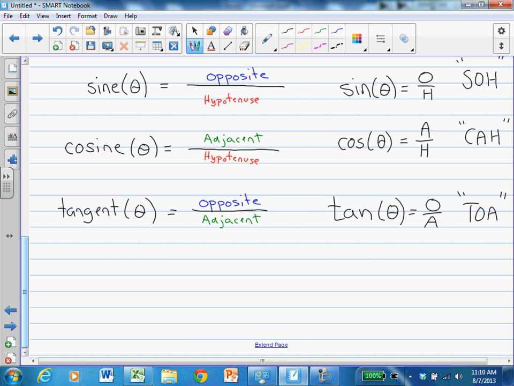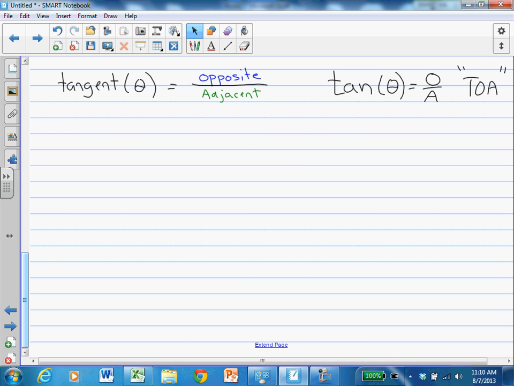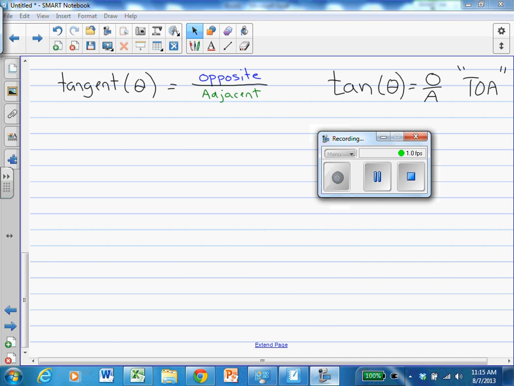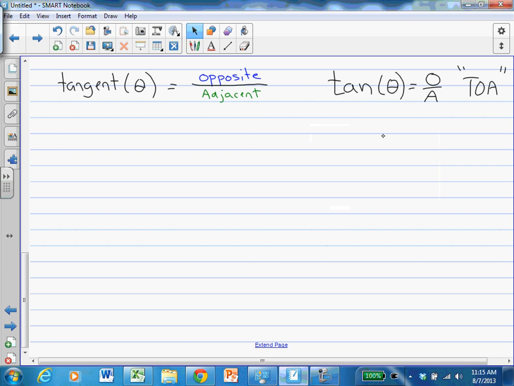Let's take a look at a new chart now, and this time with vectors again, and we're going to use these ratios. We have to use them in the calculator. We want to make sure we set our calculator to degree mode as we do these.